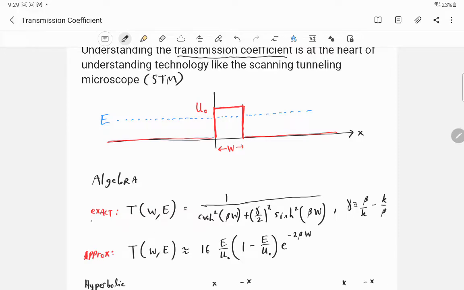So there is an exact formula for the transmission coefficient. It's a function of the width of the barrier, and we're going to say that it's a function of the energy of the incident particles, right? Also in this formula is the barrier's height.